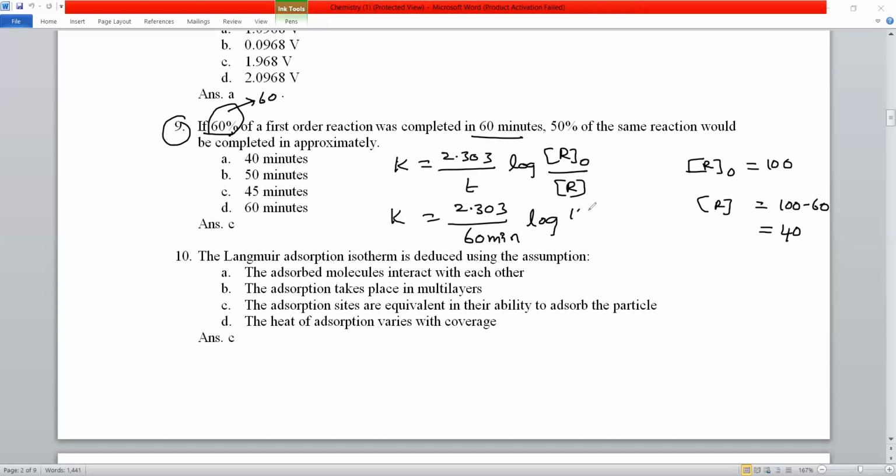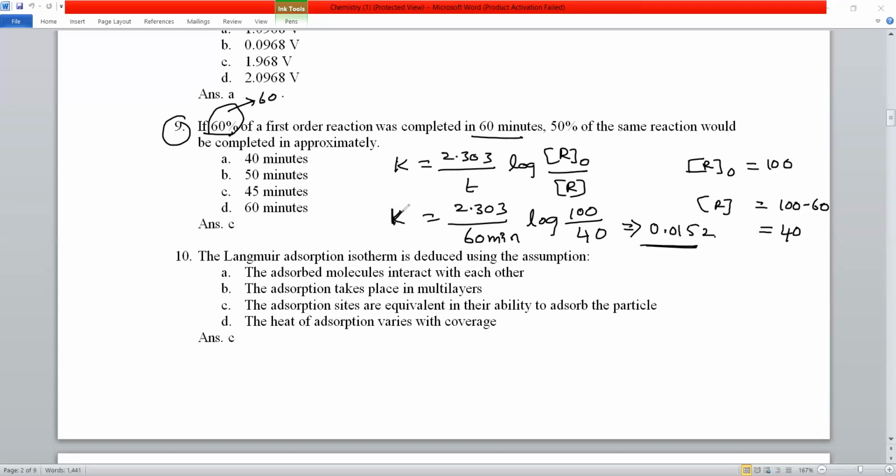So initial concentration 100 by final concentration 40. Students, on simplification we'll get the K value as 0.0152.